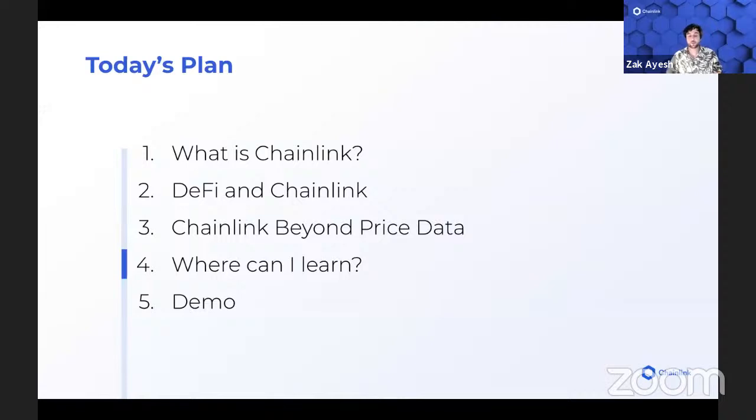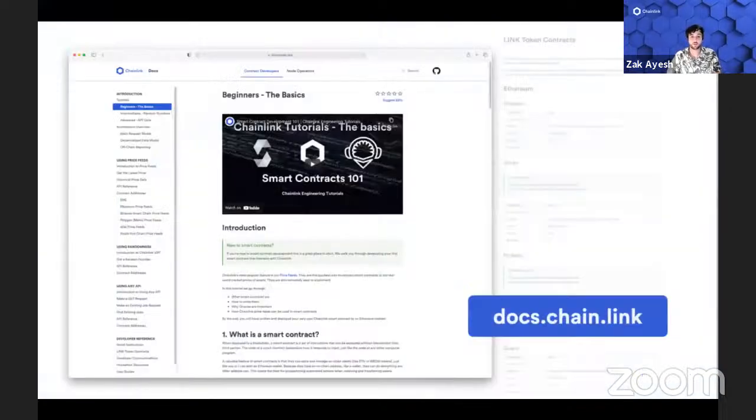So let's talk about a little bit where you can learn some more about Chainlink if you want to continue after this talk. A great place to go is the documentation at docs.chain.link. The docs are open source, and they really have everything that you could need to learn about developing with Chainlink.